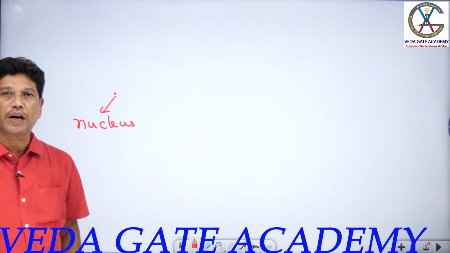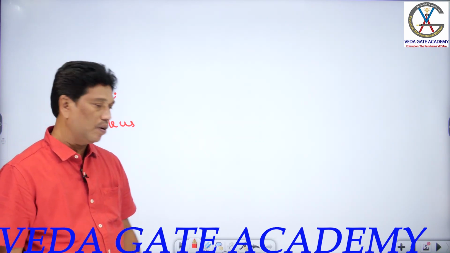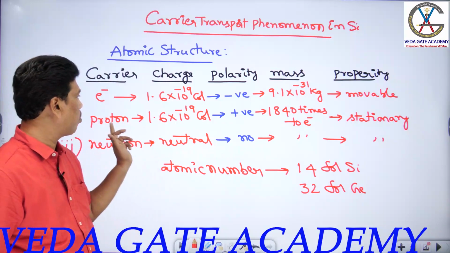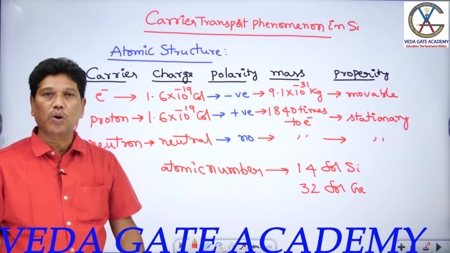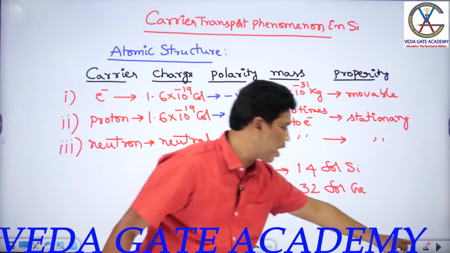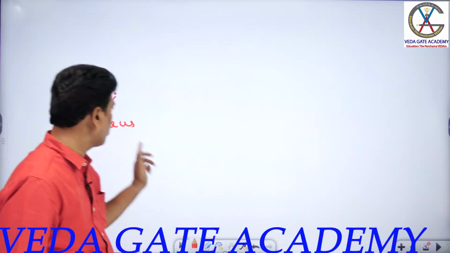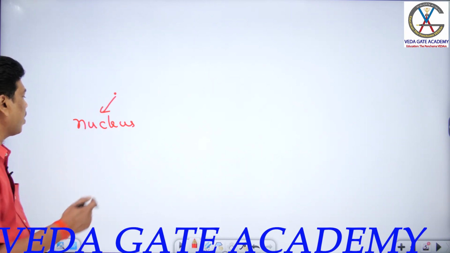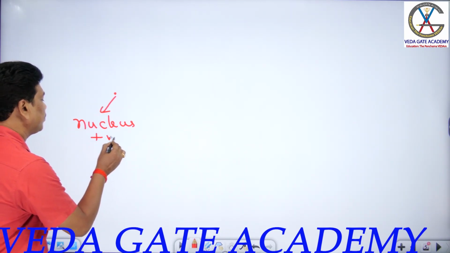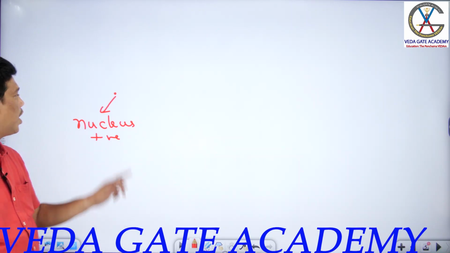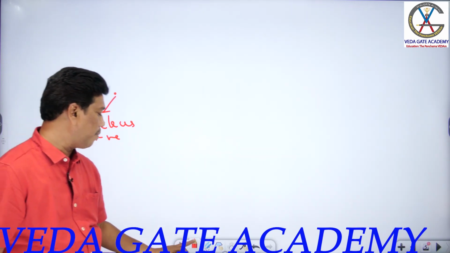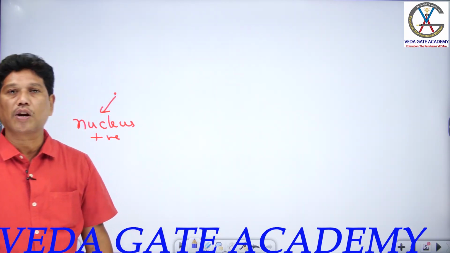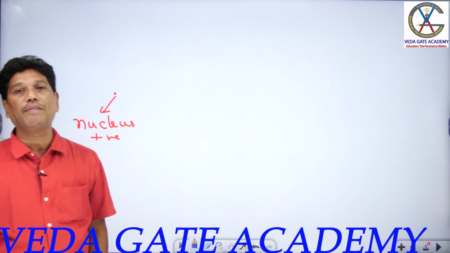You know that a neutron has no charge, but protons are positively charged. So on the whole, the nucleus is a positive charge carrier. The nucleus must be positively charged, and it is the center part of an atom.